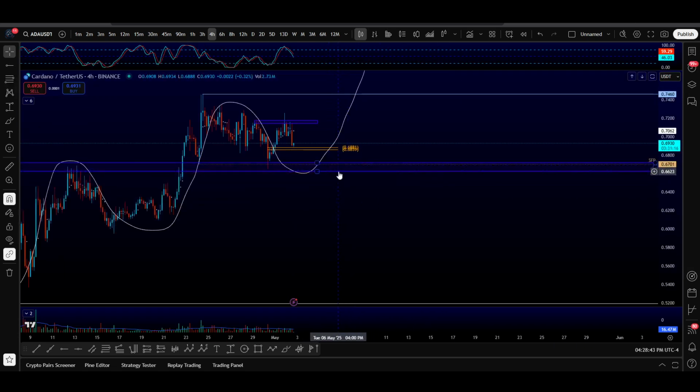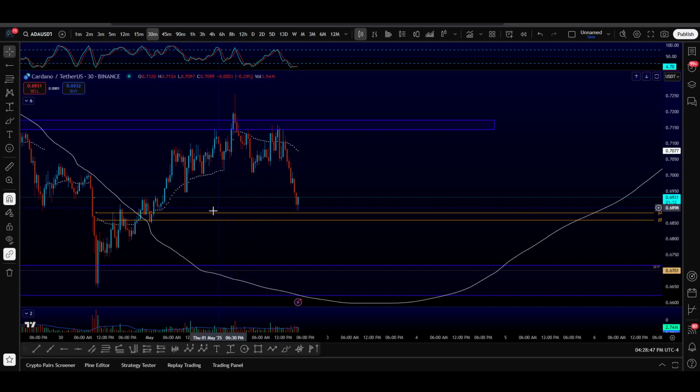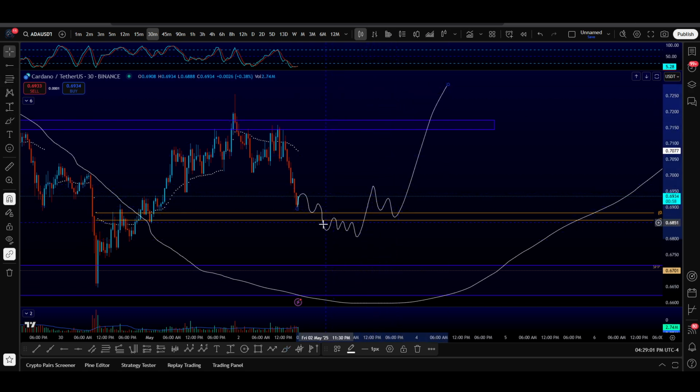So if I was going to enter a long on Cardano, I could consider entering around these areas if you do start to see a little bit of strength. Just keep in mind there's sometimes some fake outs, so maybe you get a move up, price comes down, starts trading here a little bit, and then just impulses higher before continuing up.